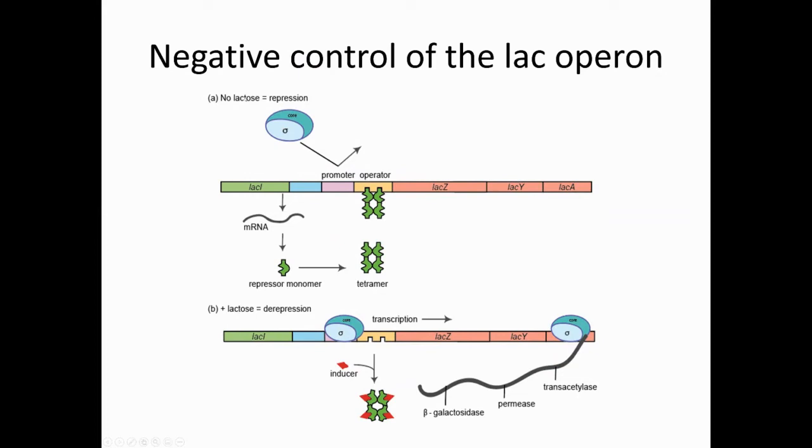Then you add the lactose. Lactose will be the inducer. It will bind to the repressor, so the repressor will no longer be able to bind to the operator. So the polymerase comes, and you have transcription.